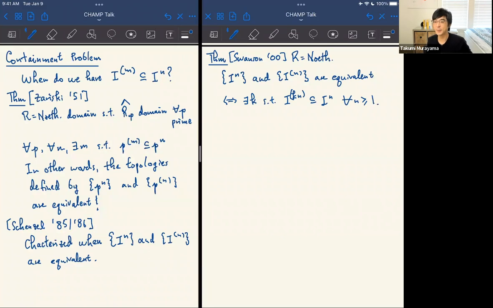Okay. And so not only do we have an equivalence of topologies, but it's related in a nice linear fashion by basically a slope on the n.